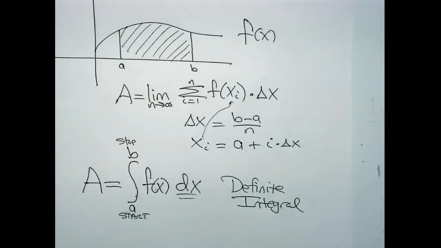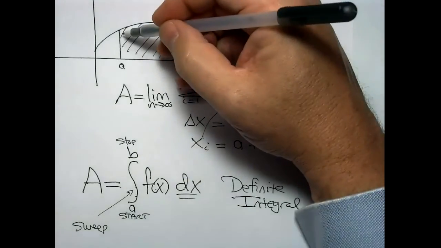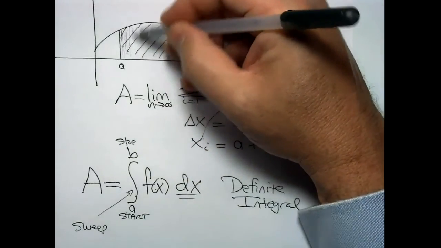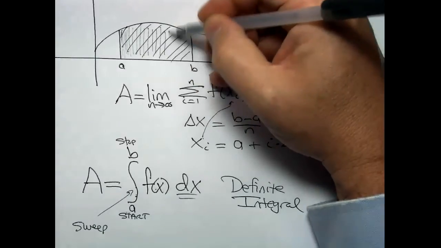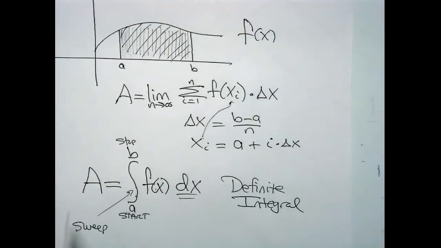Now, here's the concept. The integral symbol looks like an S. And S stands for sweep. It's a clean sweep of area. So you're literally sweeping out area from a to b. That's what I think about when I see that integral symbol.